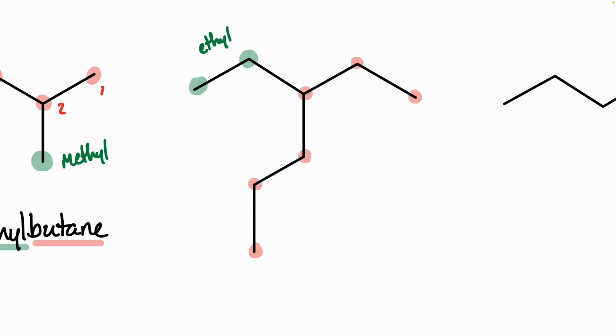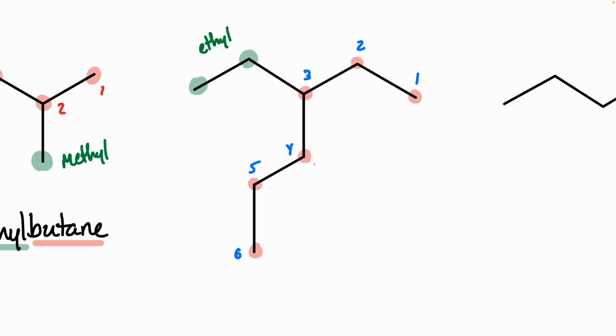All right, I'm going to number my parent chain. 1, 2, 3, 4, 5, 6, and then I'm going to go the other way. 1, 2, 3, 4, 5, 6. So which one do I want, red or blue? Blue. I want that ethyl group on the lowest possible number.